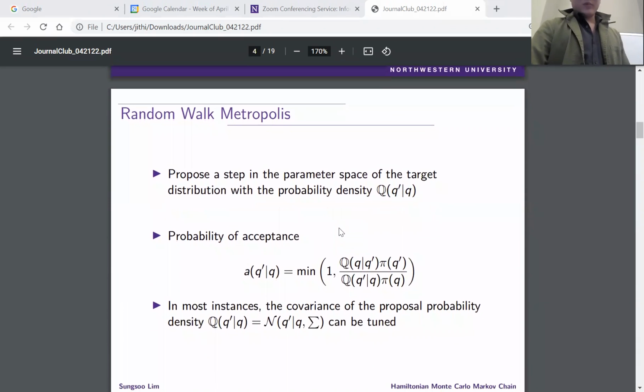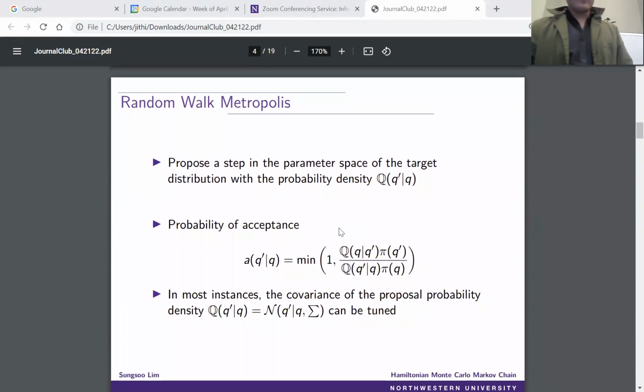And I was hoping to motivate with, I think this was the first Monte Carlo Markov chain algorithm, called the random walk Metropolis. So in this algorithm, what we do is we propose a step in the parameter space of the target distribution with the probability density, also called the transition function.